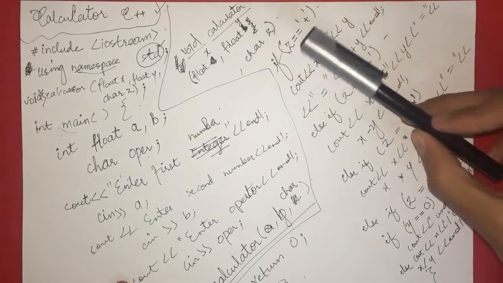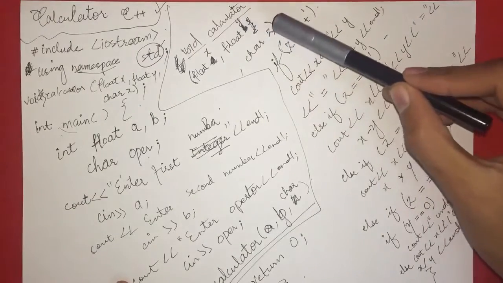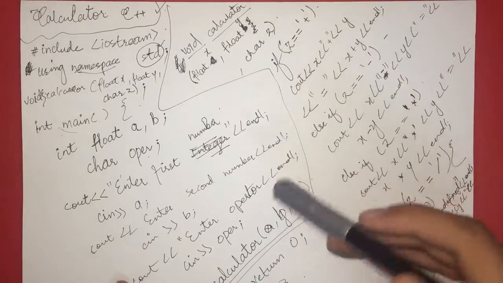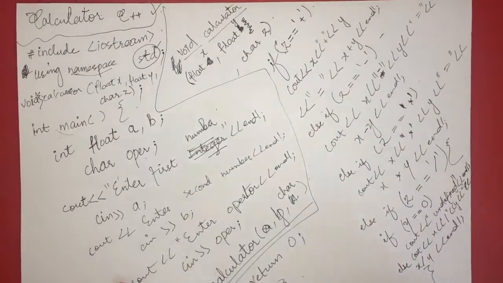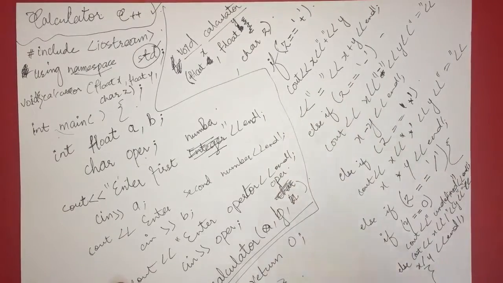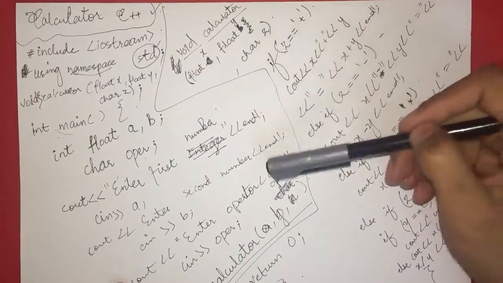So z is going to be replaced by oper, a, b, so it's already replaced.